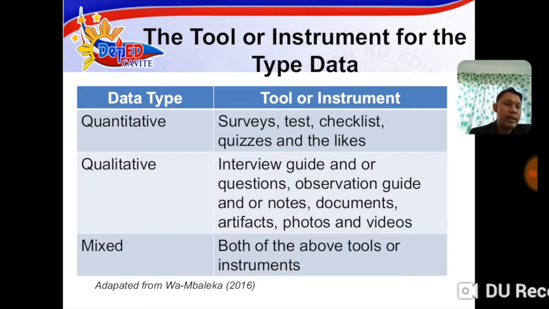So of course, mixed. Actually, you would be able to use both of the instruments, of course, based on the study or the research design that you're going to employ on your research. So that is for our head start.